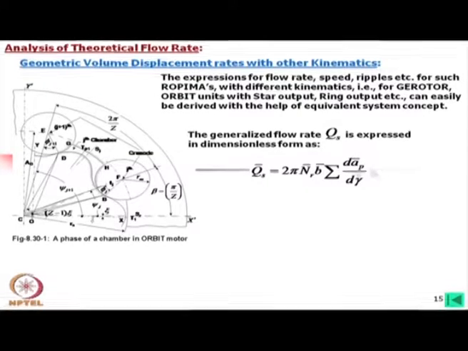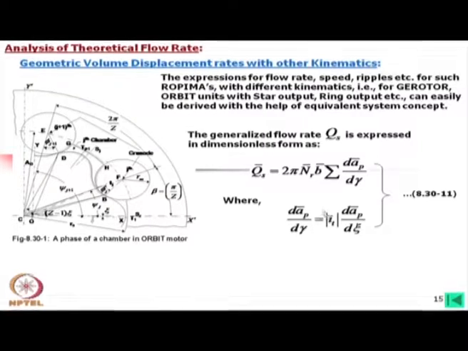If you simply add them, you will find the rotations, and in case of the orbit motor we put eta, which is the output rotation of the shaft. Now, this angle is nothing but the transmission ratio times this angle. This transmission ratio we have derived separately, which is not given here.